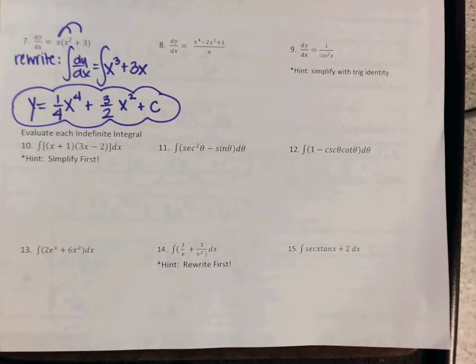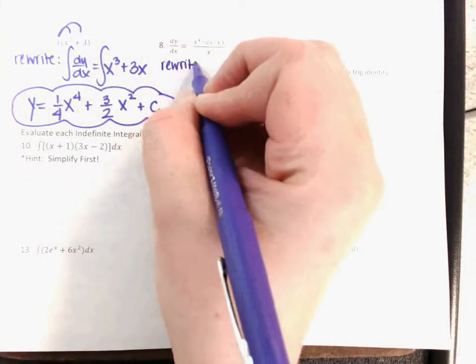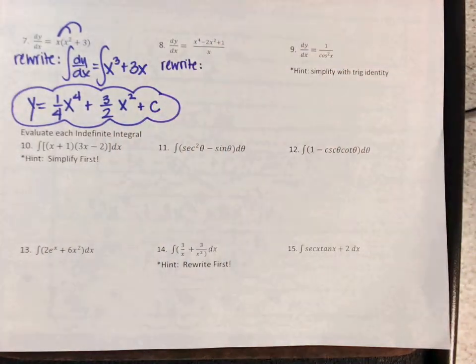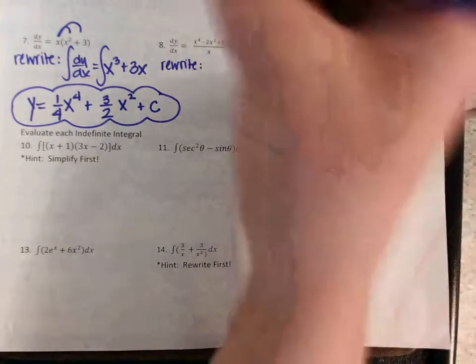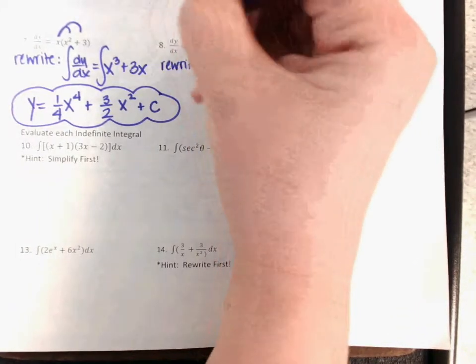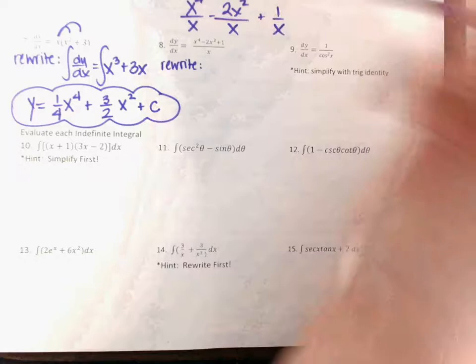How could I rewrite that if they're all over x? Could I divide them each by x separately? Sorry, what would I need to do? I would do, don't write this as big as I'm going to write it, but y'all know I write too big. Yeah?